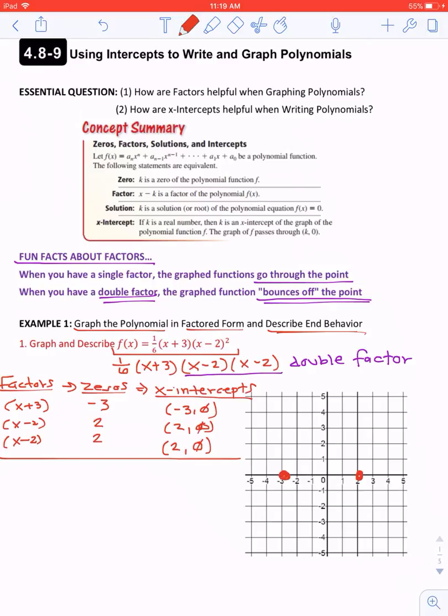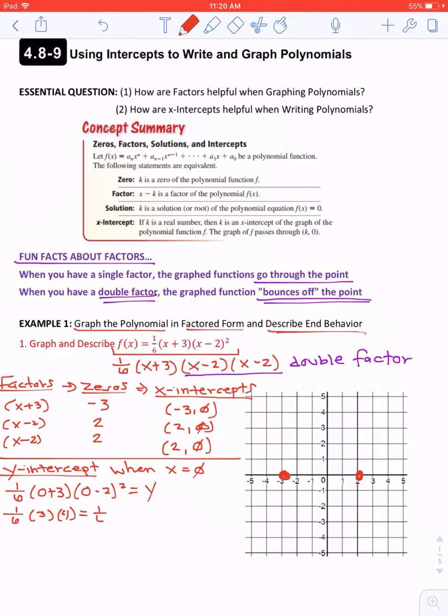So the next piece we need to find is our y-intercept. Your y-intercept is when x equals 0. So I'm going to put that in my function. So 1/6 (0 plus 3)(0 minus 2) squared. I'm going to solve that. So I have 1/6 of 3 times 0 minus 2 is -2 squared is 4.